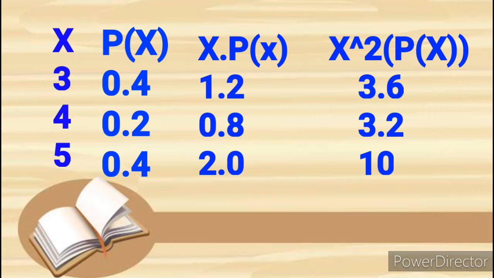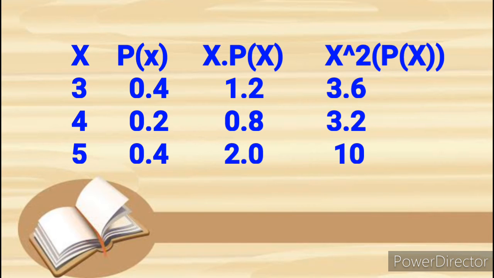And in the fourth column is the outcome squared times probability of outcome, where 3 squared times 0.4 is equal to 3.6, 4 squared times 0.2 is equal to 3.2, and 5 squared times 0.4 is equal to 10.